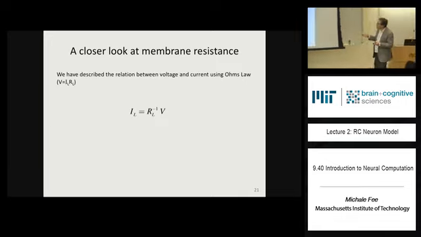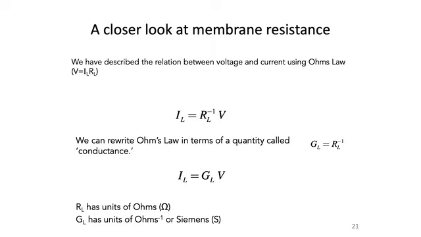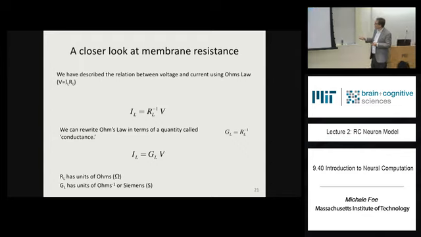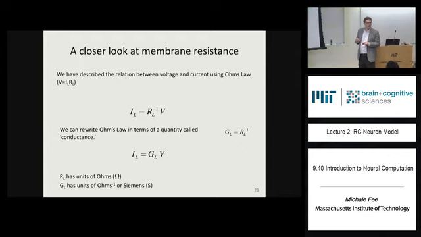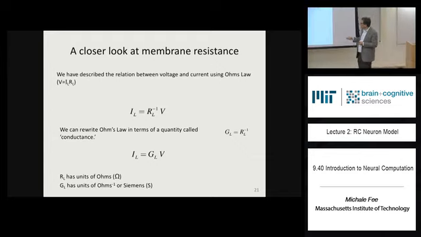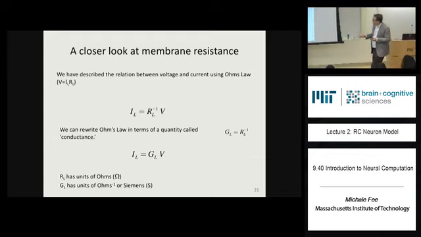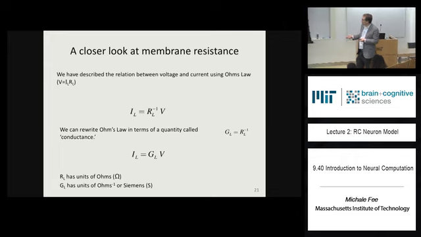Conductance is just 1 over resistance. We use the symbol G for conductance, so G equals 1 over R. Now we can write Ohm's law as I equals G times V. Resistance has units of ohms. Conductance has units of inverse ohms, or Siemens, the SI unit for conductance.